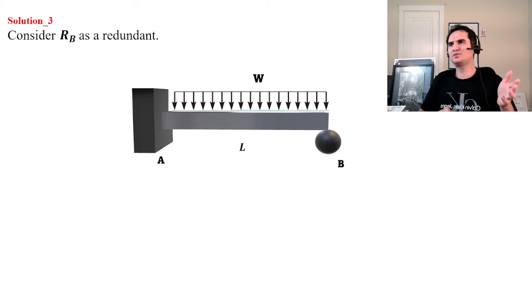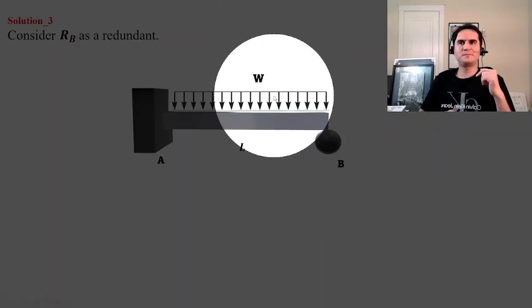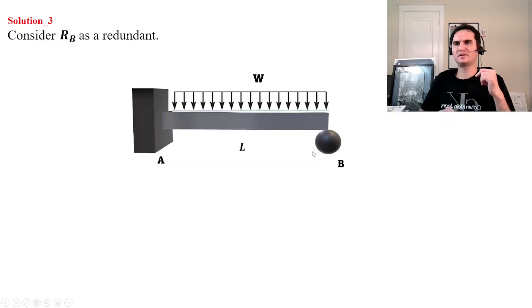The third approach is that we can consider RB as a redundant. This time we consider the reaction at B as a redundant support.